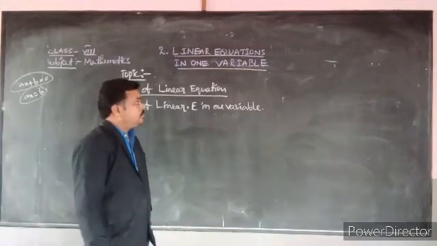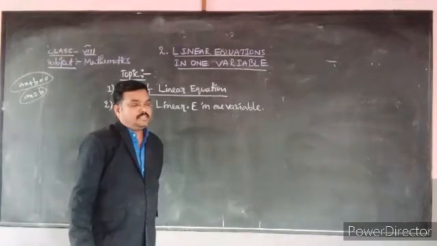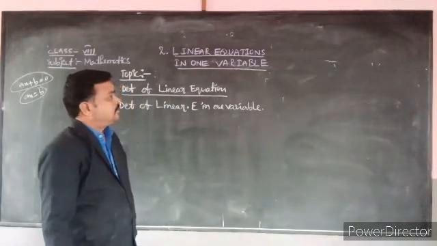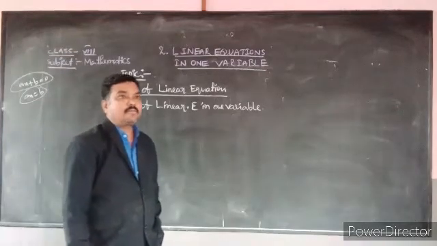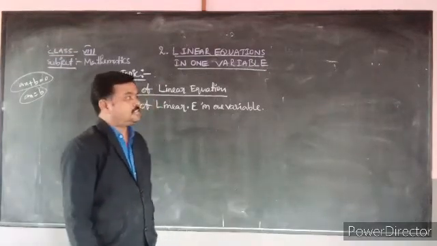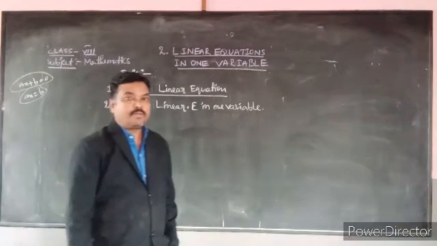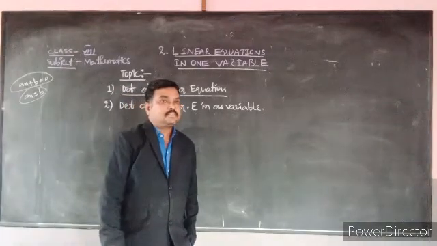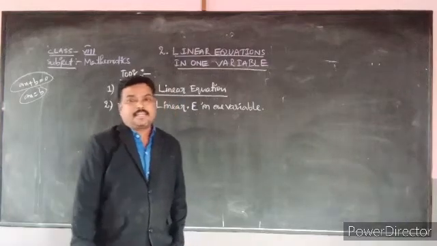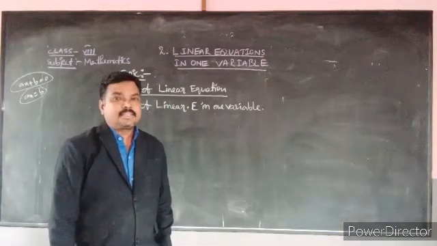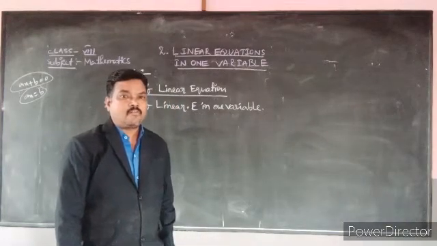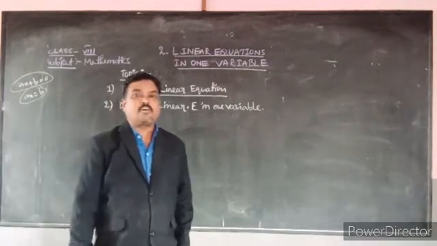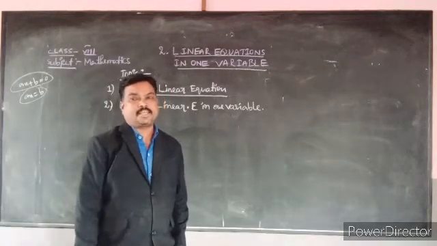Before we define the equations, we have discussed the open sentences. So what is the meaning of open sentence? Open sentence means we cannot say whether the given sentence is either true or false. That is called an open sentence.